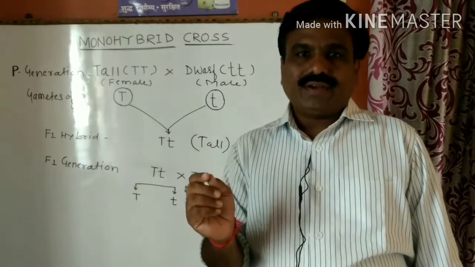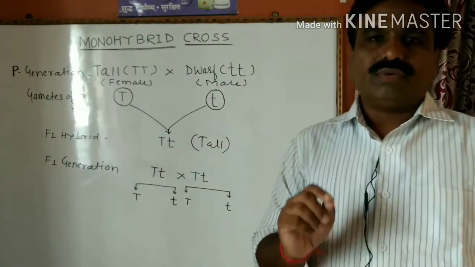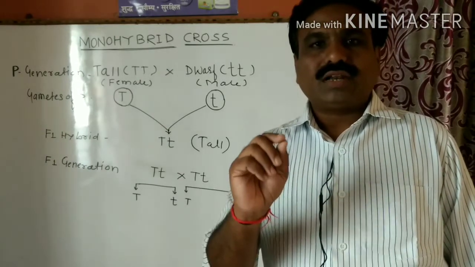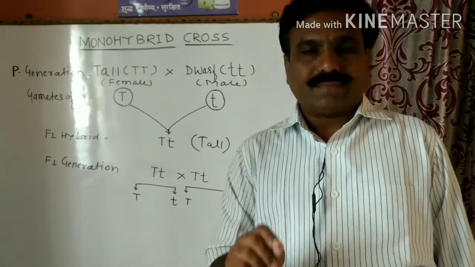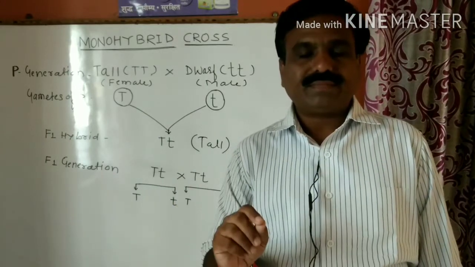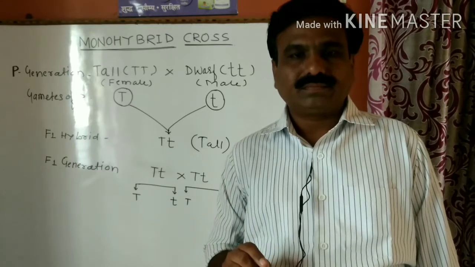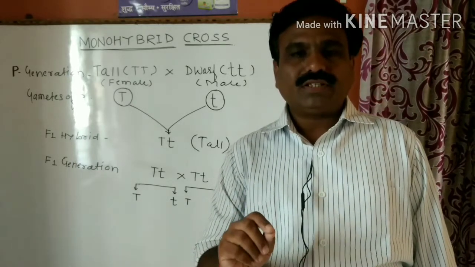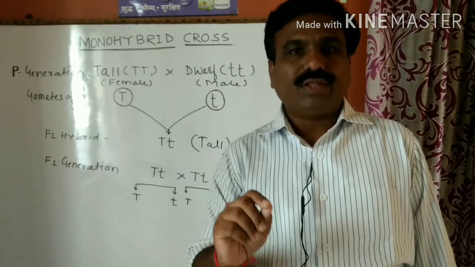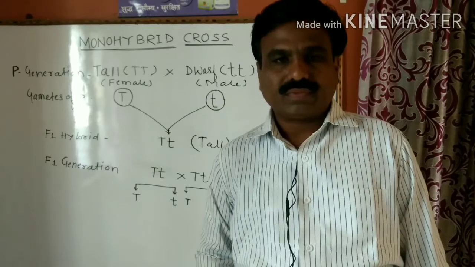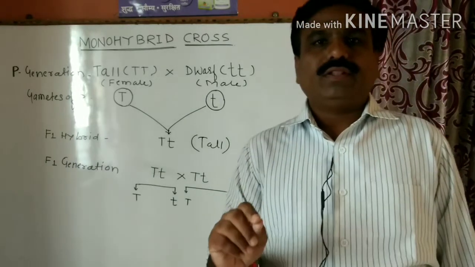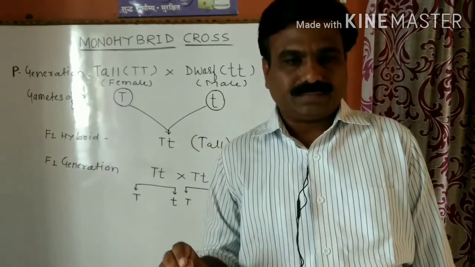Mendel's experiment included three steps. In the first step, selection of the parents. The second step is the cross between the selected parents to obtain the F1 generation. The third step is to obtain the F2 generation.